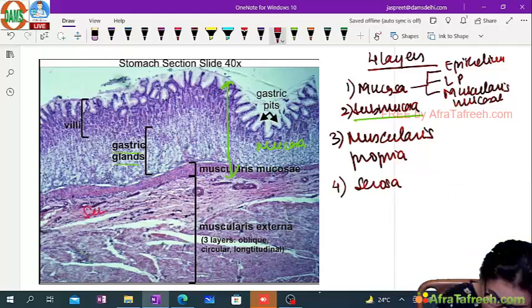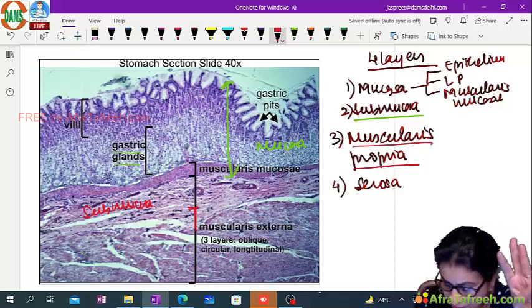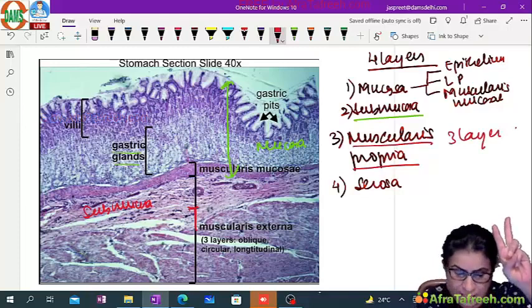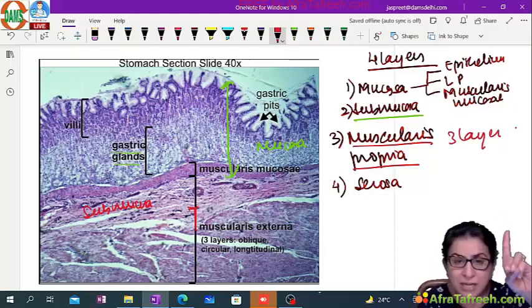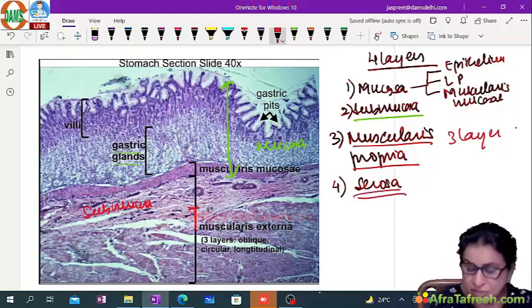Below the submucosa, you have this muscle layer. Now in stomach, the muscularis propria has three layers: the oblique layer, the circular layer and the longitudinal layer. And the last layer, which is not shown in this picture, is the serosa.